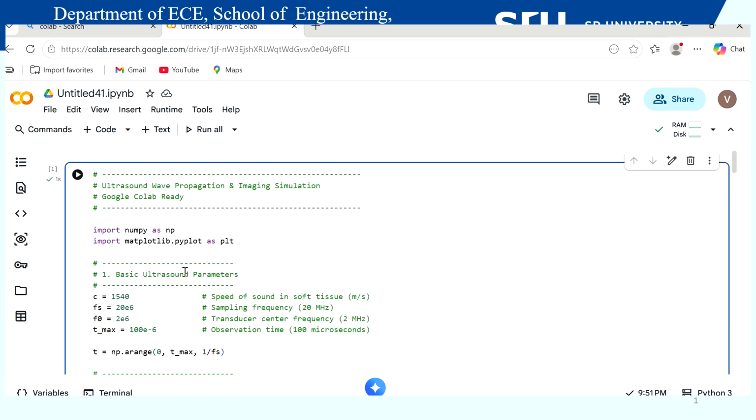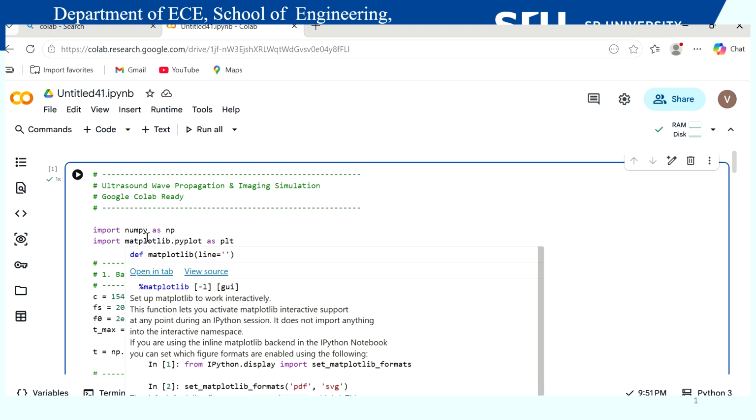Now I will explain the code. Here is a clear step-by-step explanation of the ultrasound wave propagation and imaging simulation code. This experiment simulates ultrasound pulse transmission and echo formation from the tissue reflectors, A scan imaging, and B scan imaging.